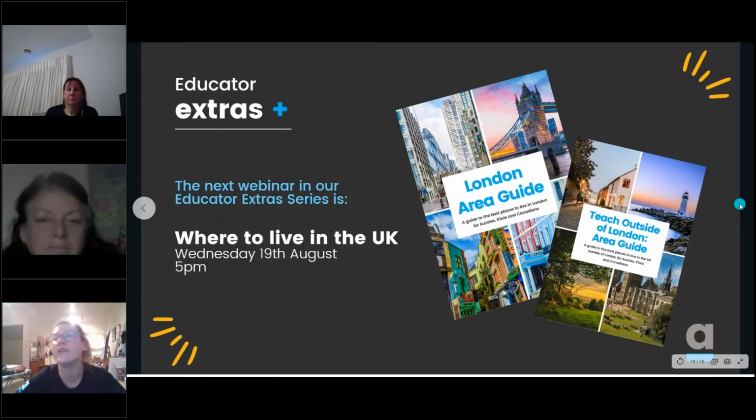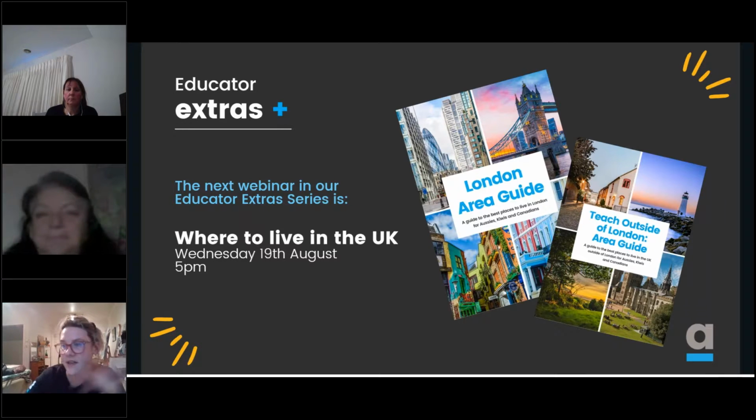And just about our Educator Extras series of webinars. We used to do big, long info sessions about everything, but we've decided to do little, half-an-hour bite-sized info sessions about all different topics to do with teaching overseas. This one being about visas, the next one we're doing is about where to live in the UK.